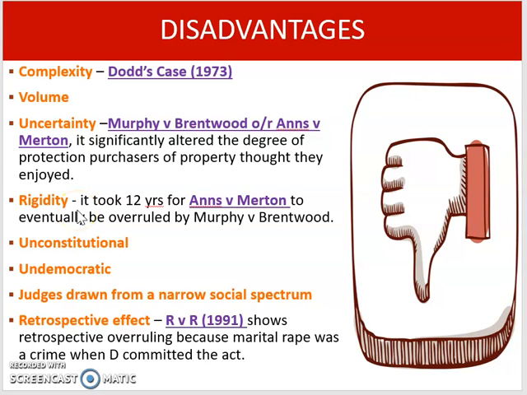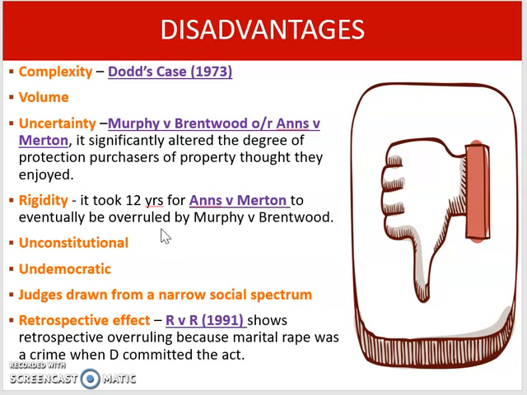If you think about the doctrines based on stare decisis, to stand by what has been decided, if someone sticks to stare decisis and never moves from it, the law becomes very rigid. And we've just mentioned Anns and Merton, and I said that it took 12 years for it to be overruled. So the law can stagnate and become quite old-fashioned.